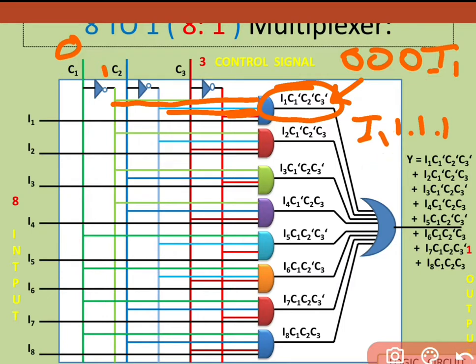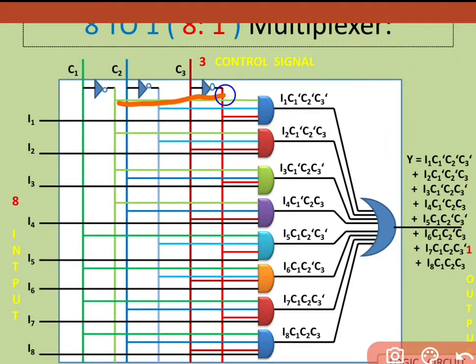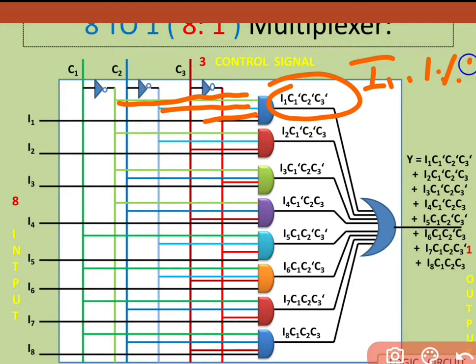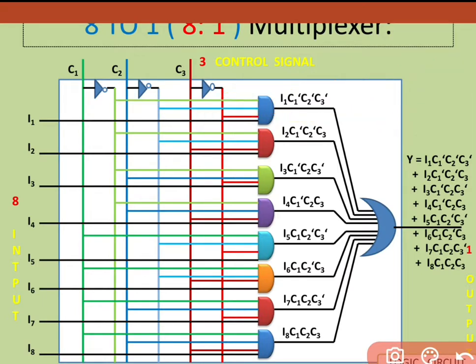And then we get all these things. I1 dot 1 dot 1 dot 1 means anything multiplied with 1, the answer will be I1 only. The same manner we have to move with the others also.